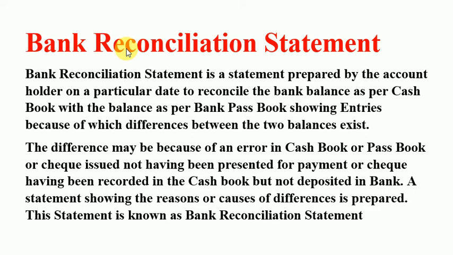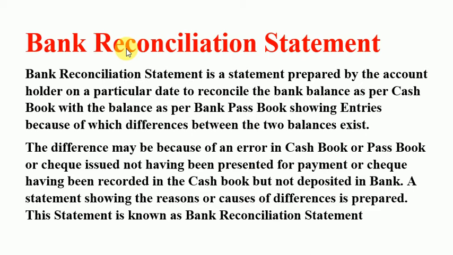Which means if the same entries are posted, then on a particular date the balance shown by the cash book should also be similar to the balance shown by the passbook, because we are doing entries in both books. The business or the account holder does the posting in the cash book, whereas the bank people do the similar posting in the passbook.